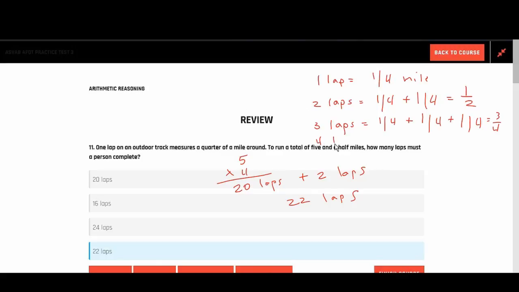And 4 laps equals 1/4, 1/4, 1/4, 1/4, just 1 mile. Okay? So this is where we get our 5 times 4, and this is where we get our half mile from.